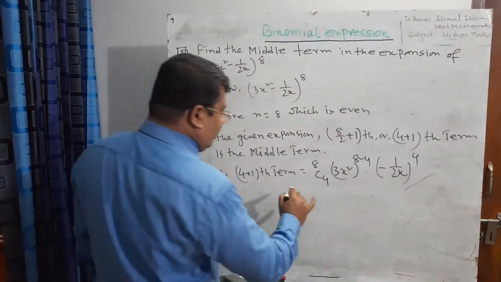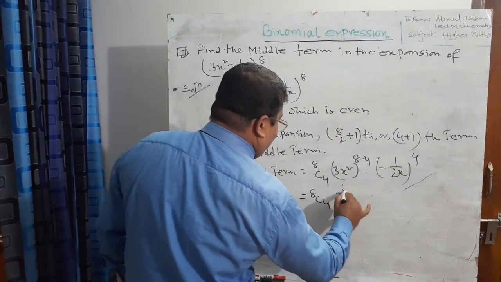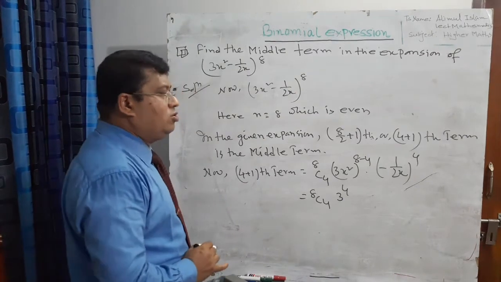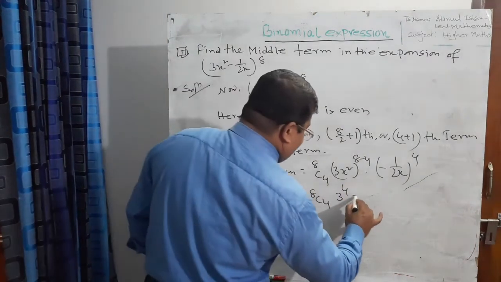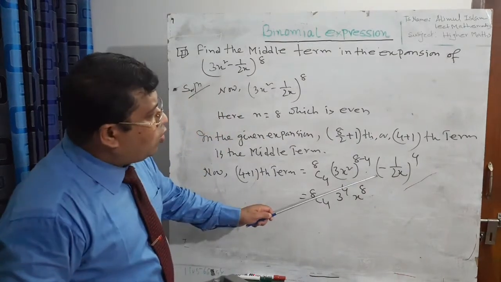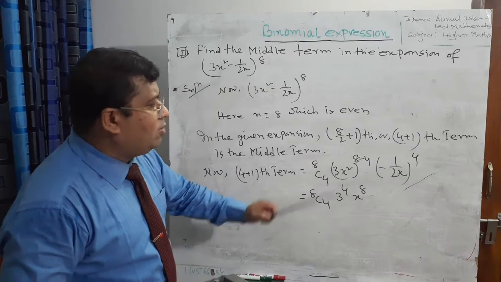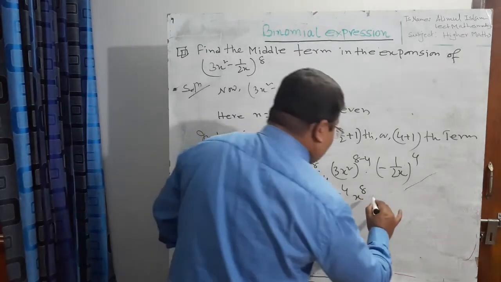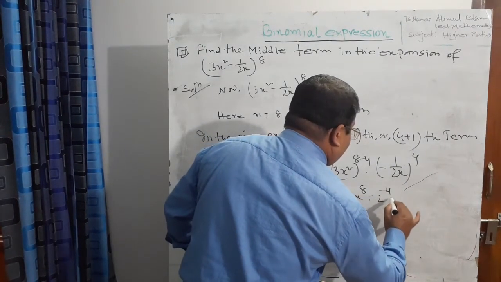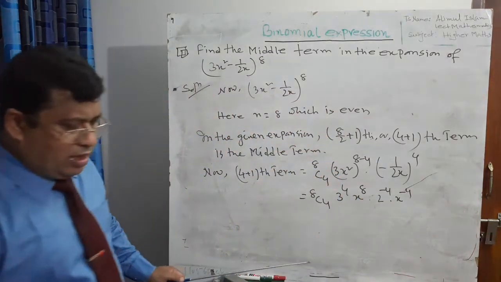Clear? Then you write 8C4, 3 to the power 4, since 8 minus 4 means 3 to the power 4 and x to the power 8. Then (minus 1) divided by x to the power 4; it is an even power, so the minus will be positive. So write 2 to the power 4 into x to the power 4. Clear? You do the calculation.